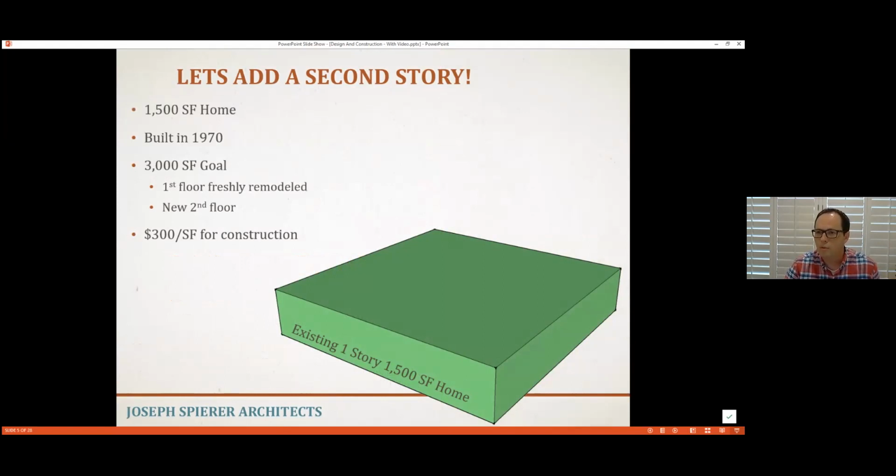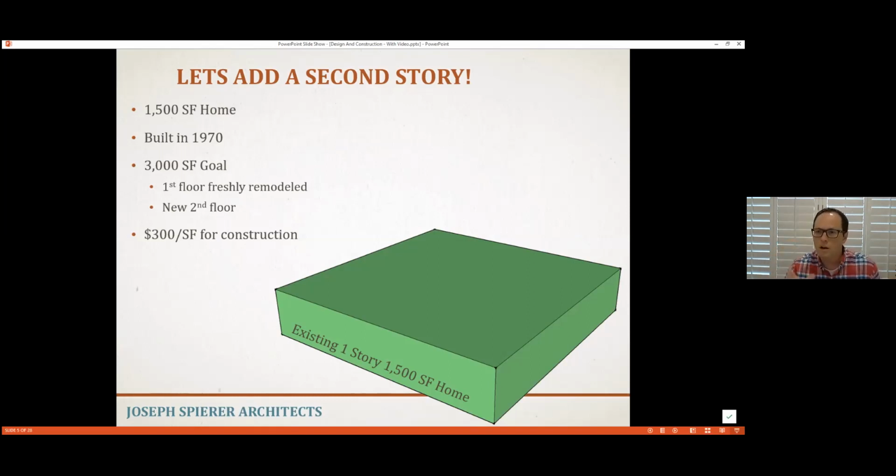imagine for a moment that you're driving around with one of your clients, and what they want is a 3,000 square foot home, but they have this grand plan. What they really want to do is start with a 1,500 square foot home. They said, okay, thank you for finding this 1,500 square foot home for me, built in 1970. What my plan is to add 1,500 square feet right on top of that existing 1,500 square foot home.